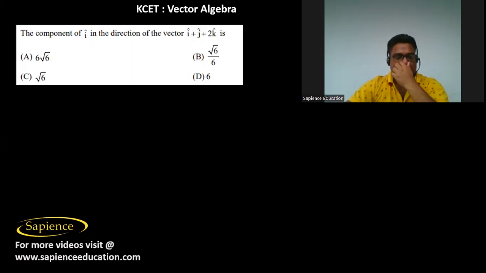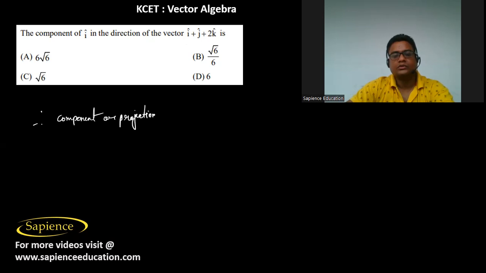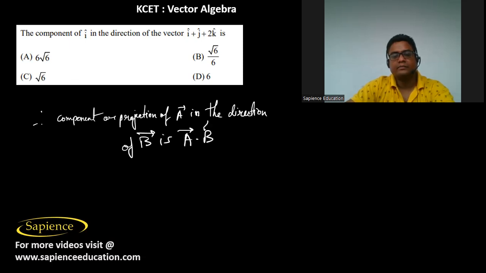Then here we have to find the component of i cap in the direction of the vector. So we know that the projection of vector A in the direction of vector B is given as a vector dot b cap.